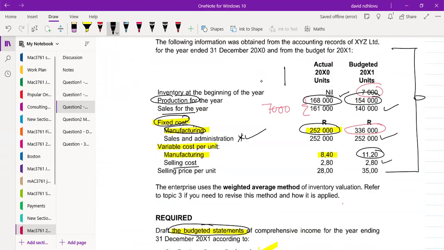But the questions that you normally get at this level, remember, will be a lot of topics combined. Even in test number one, you will find that you have direct and indirect costing, maybe cost profit volume analysis, another topic, maybe 3 or 4 topics combined. So the question paper will be one covering all those topics.